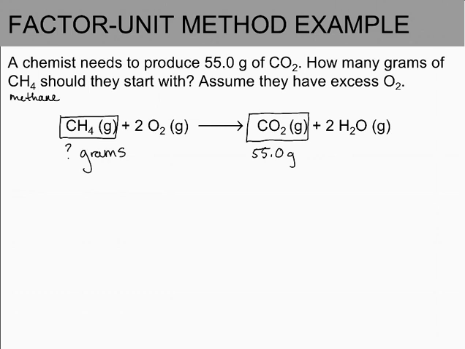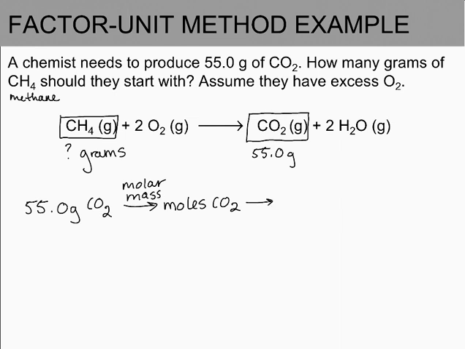Okay, so our plan of attack, again, is very similar to the last problem and the one before that. If we start with 55 grams of CO2, we first want to convert that to moles of CO2, and in order to do that step, we're going to need the molar mass of CO2.